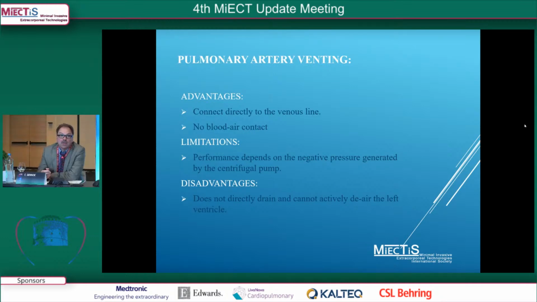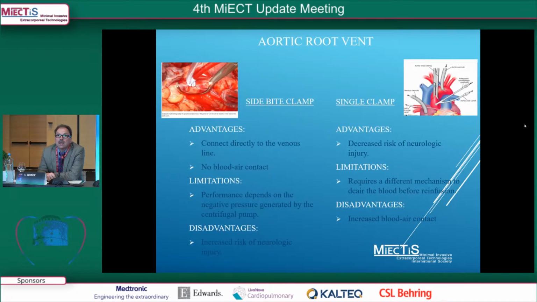If you want to increase the vent, you basically have to try to increase your flow. One of the disadvantages, though, is it doesn't drain the LV directly, and you cannot actively de-air the left ventricle with a PA vent. And we can talk a bit more about that at the discussion.